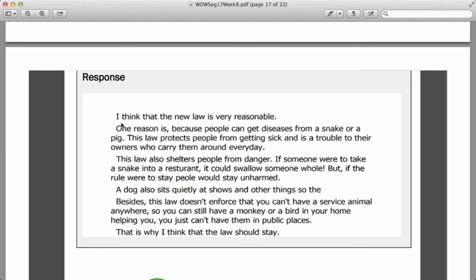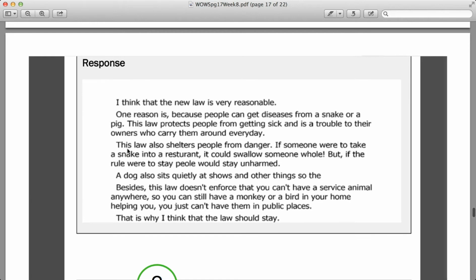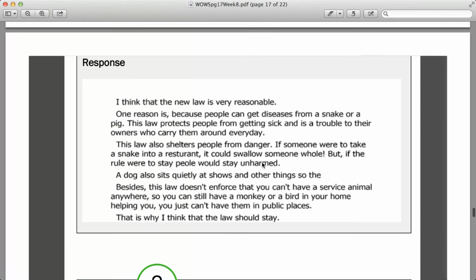I think that the new law is very reasonable. One reason is because people can get diseases from a snake or a pig. This law protects people from getting sick and is a trouble to their owners who carry them around every day. This law also shelters people from danger. If someone were to take a snake into a restaurant, it could swallow someone whole.